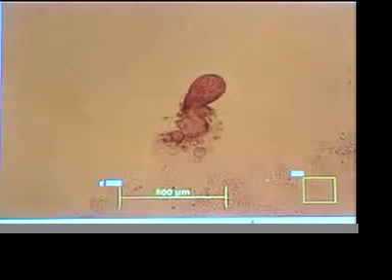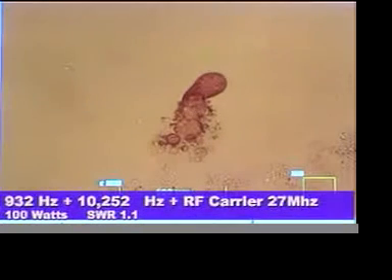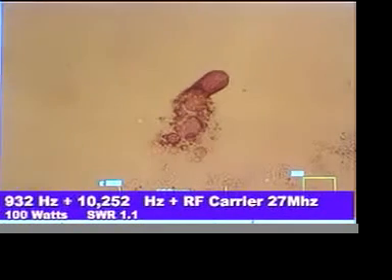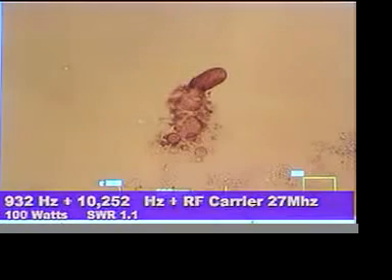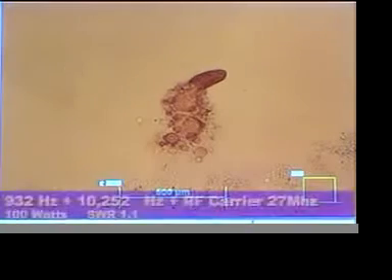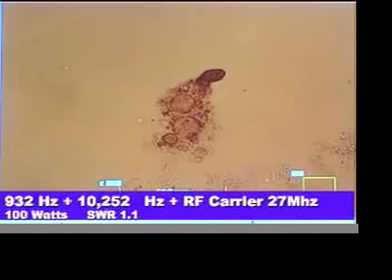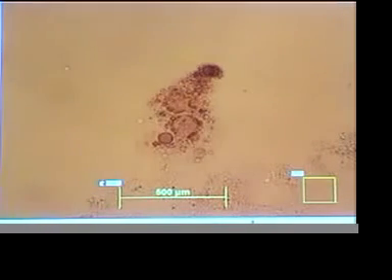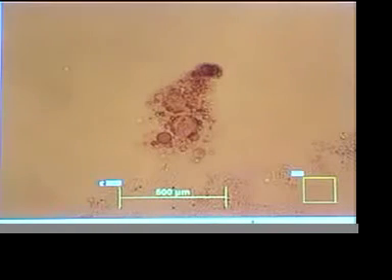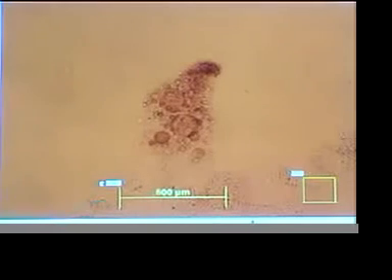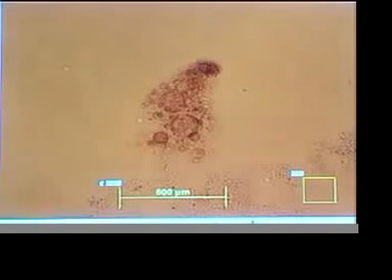Live, real time. Now this is a new frequency combination. The frequencies are 932 Hertz, and then I just changed as an experiment the upper frequency. It is now 10,252 Hertz, which is the 11th harmonic of 932 Hertz. It'll be interesting to see if that's made much difference.